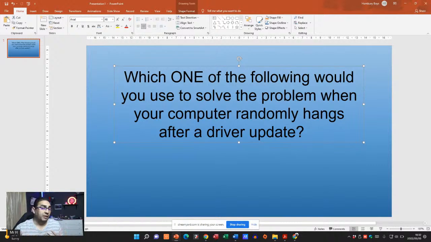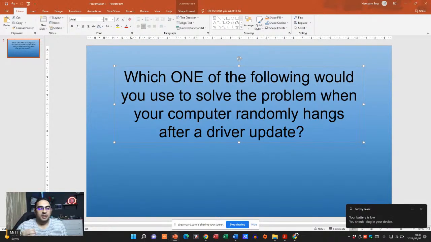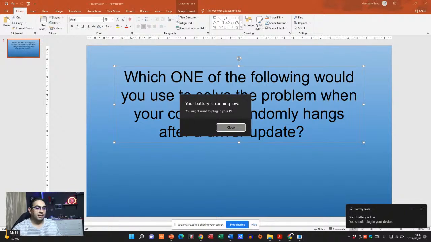So if I, for example, have a printer and I have a printer driver, that's a piece of software that tells my computer, hey, listen, there's a printer. This is the make. This is the model. This is what it can do. That's what a driver does. It's not the guy who drives the car or the taxi. Okay, no, completely different driver, right? So that is your driver software. It's a program. So when I'm updating my drivers, it means that I'm wanting to get the latest version of that.